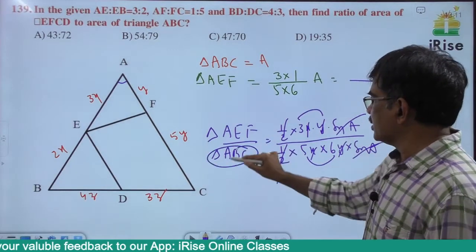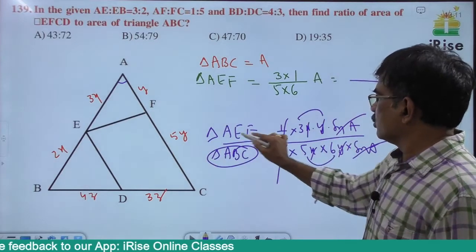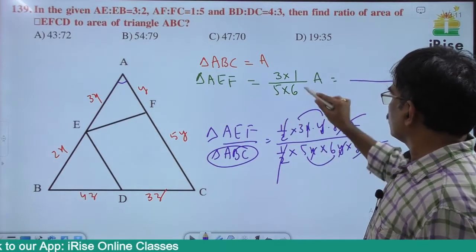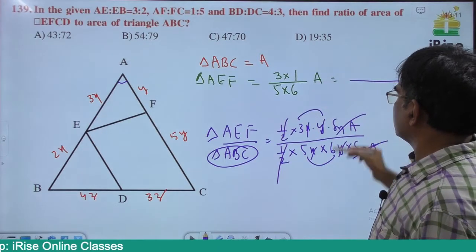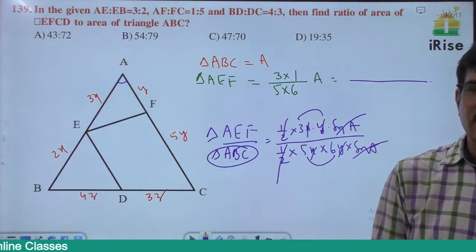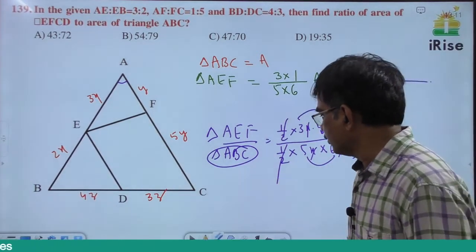Okay, if triangle ABC area is A, cross multiply. So triangle AEF is equal to 3 by 5 into 6 A. So this is the way, but it is not necessary to write it every time.